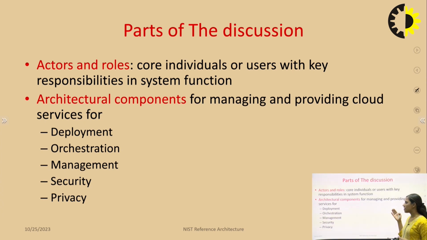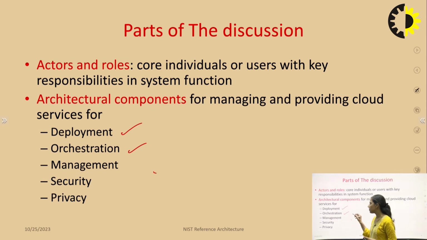These are the various components which are used for managing and providing the different cloud services. It is used for deployment and orchestration, and it also provides management like business support, portability and interoperability. These are the different services provided by the cloud. Then it also provides security and privacy.